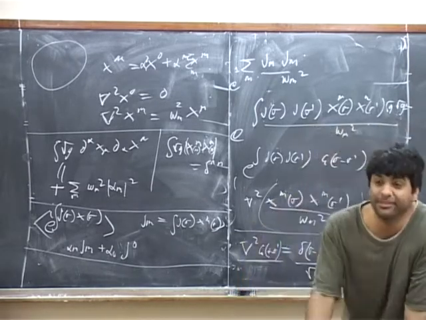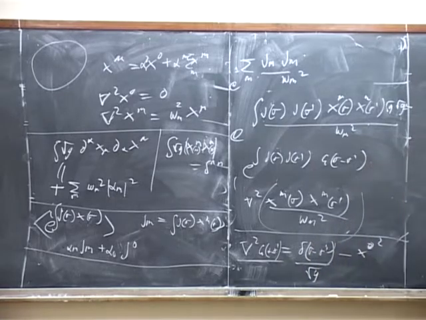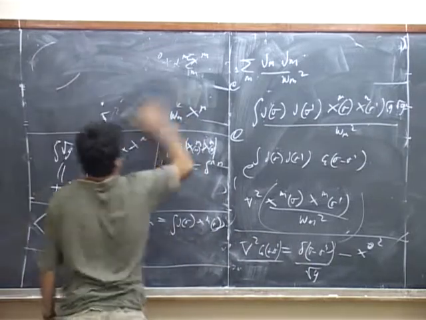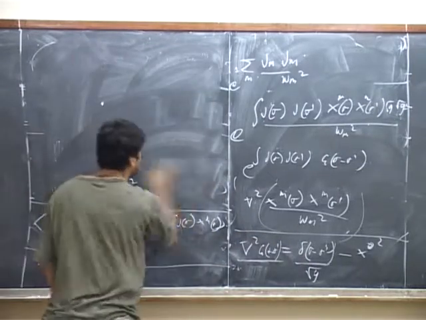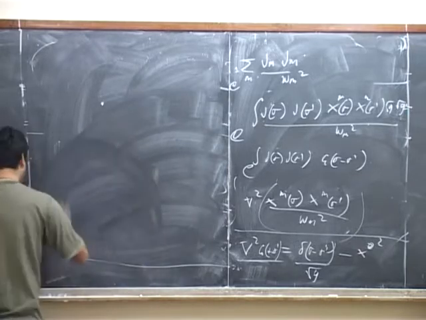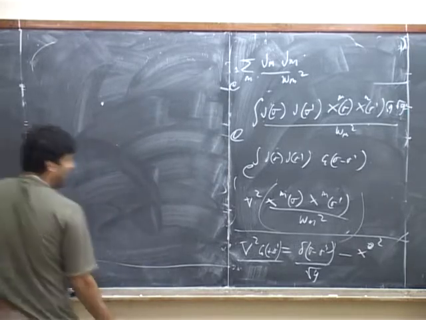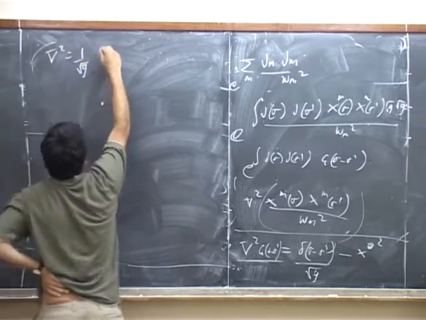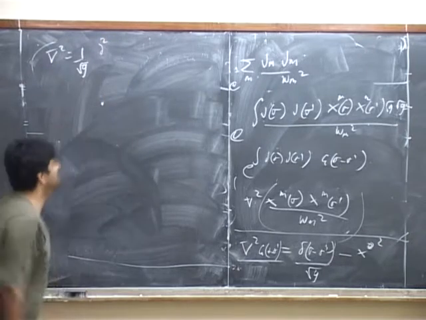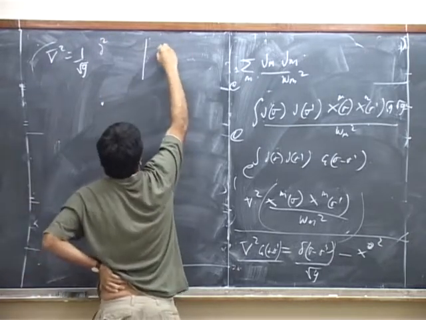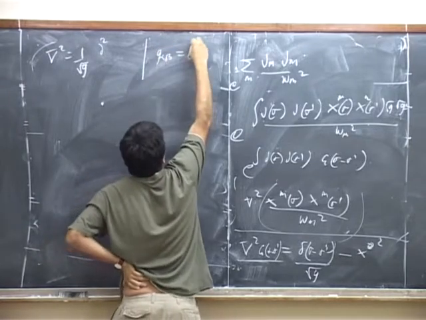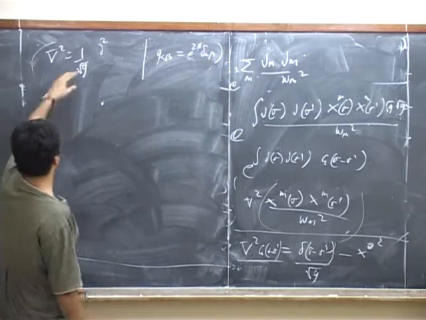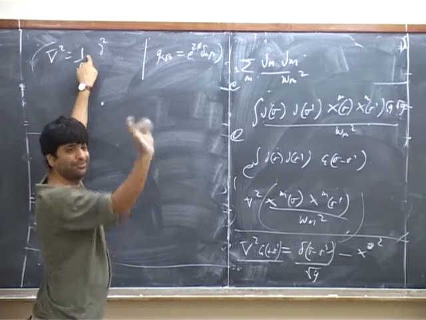Try to redo the calculation we did at the beginning of the class. And maybe I should just write down the correct Green's function. That's very trivial. Remember that del squared is equal to 1 by square root g, and then del squared. Suppose your metric is g_alpha beta equals e to the power 2 phi times delta_alpha beta. Then the square root g times the g upper both cancel.